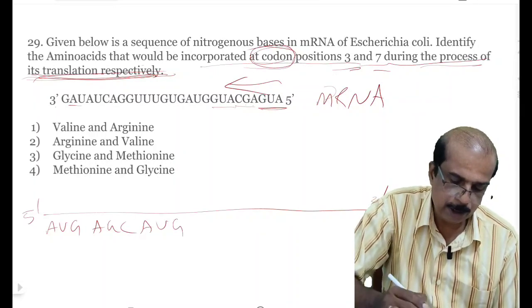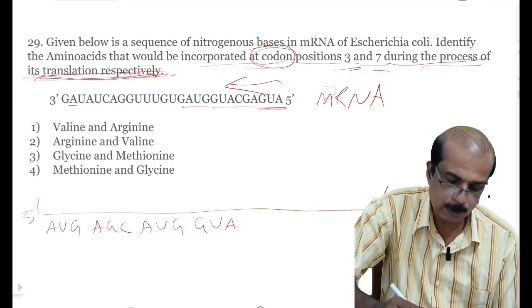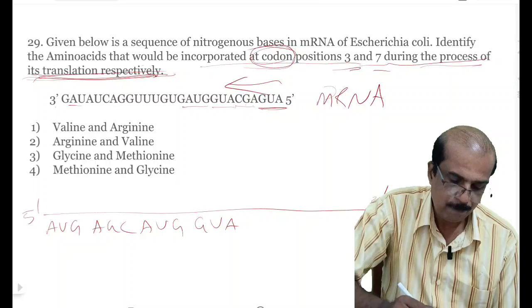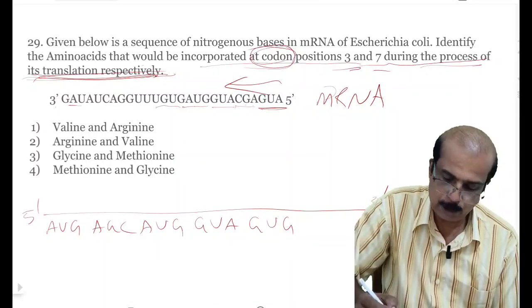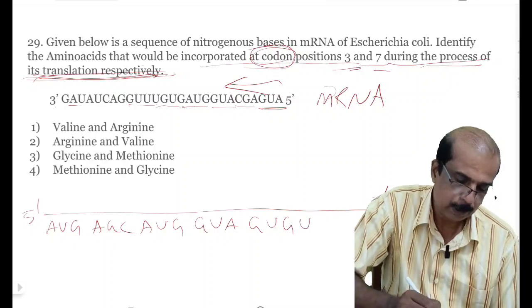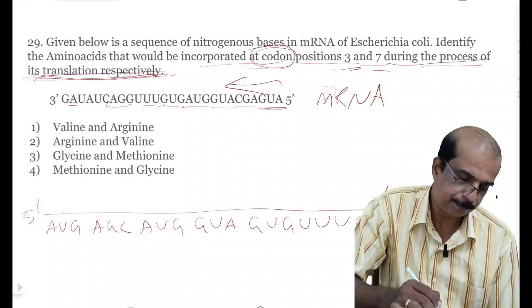Then fourth, GUA. 1, 2, 3, 4. GUA. Fifth GUG. Sixth UUU. Seventh, GGA.